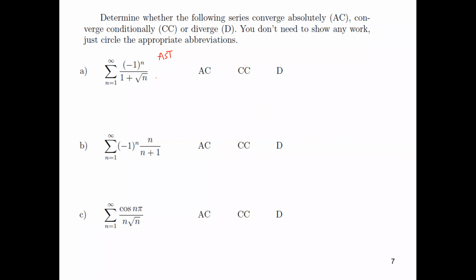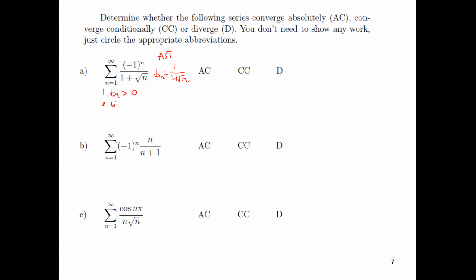For AST, I need my b sub n formula, which is just the main formula, 1 over 1 plus square root of n. Now we have to test if b sub n is positive, and it is.